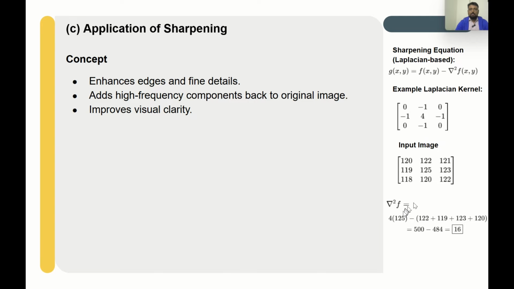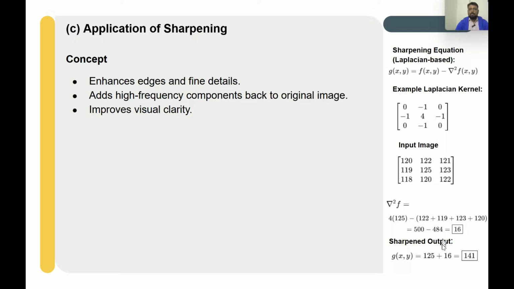So we have 4 into 125, minus, as per the formula, this minus is coming, and we multiply all the surrounding values: minus 1 multiplied by 119, minus 1 by 122, minus 1 by 119, minus 1 by 120, minus 1 by 123. Or you can multiply commonly, that is also possible. That is what they have done here, and the final answer is 16.